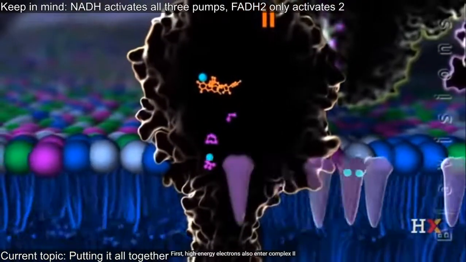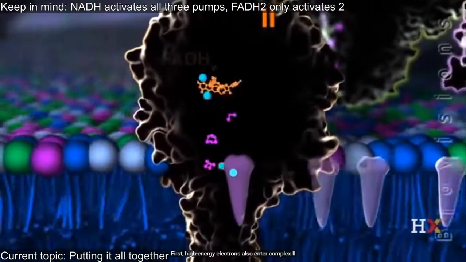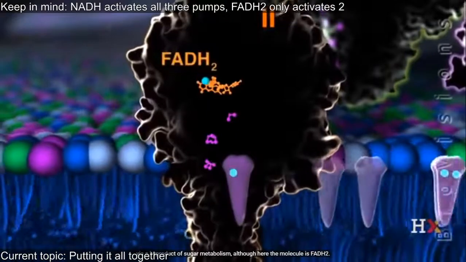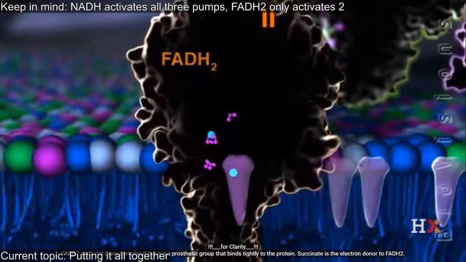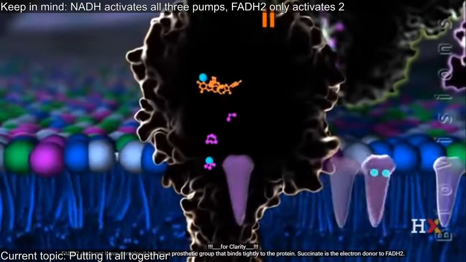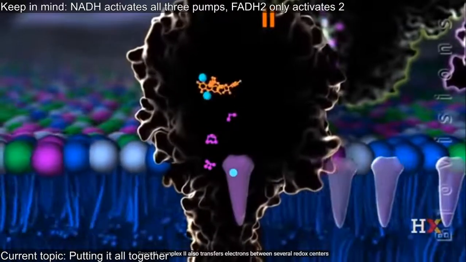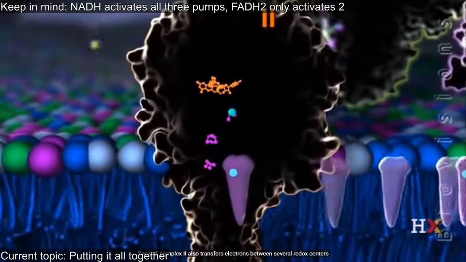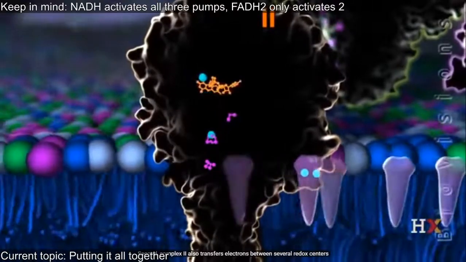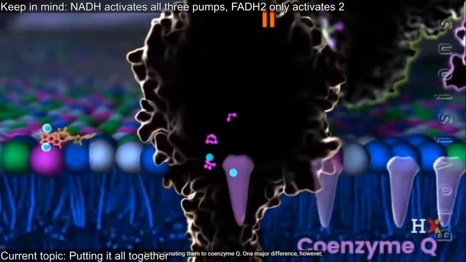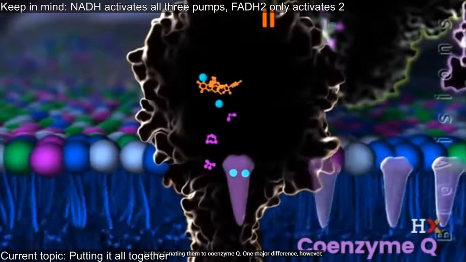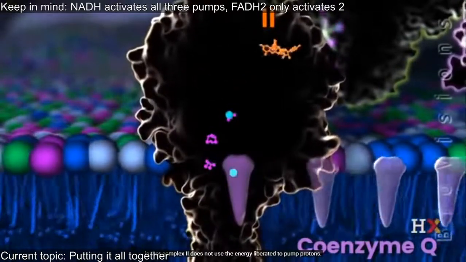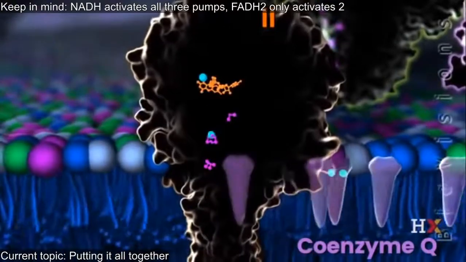First, high-energy electrons also enter complex 2 via a byproduct of sugar metabolism, although here the molecule is FADH2. Second, complex 2 also transfers electrons between several redox centers before donating them to coenzyme Q. One major difference, however, is that complex 2 does not use the energy liberated to pump protons.